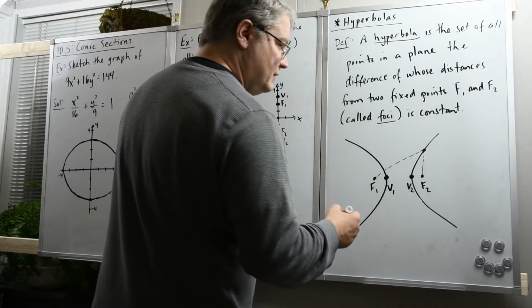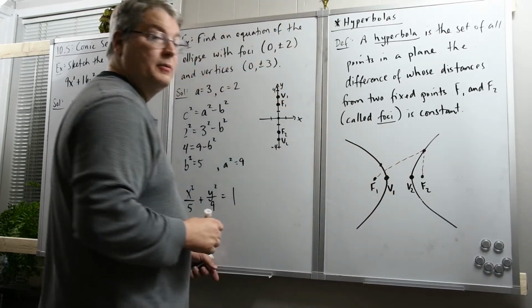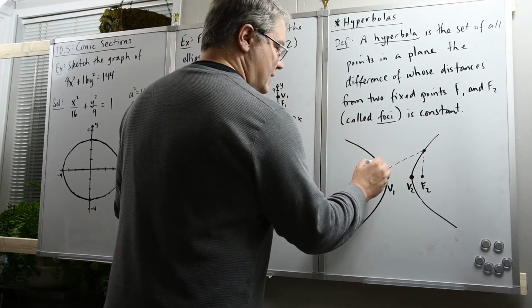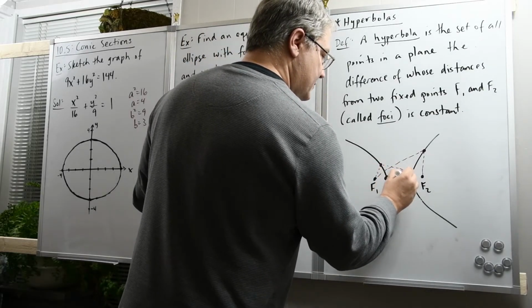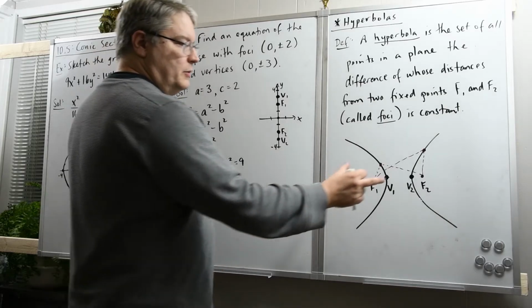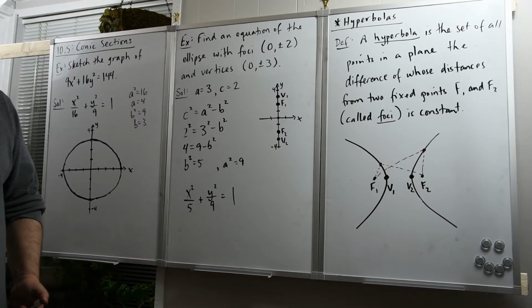But if we were to choose a different point, maybe this point on the hyperbola, and we take the distance from that point to F1 and the distance from that point to F2, and take this distance minus this one, we would still get the same constant we got before.